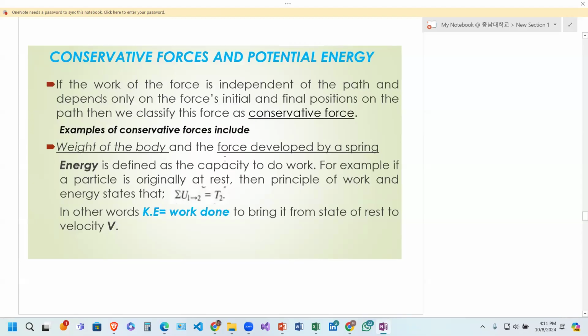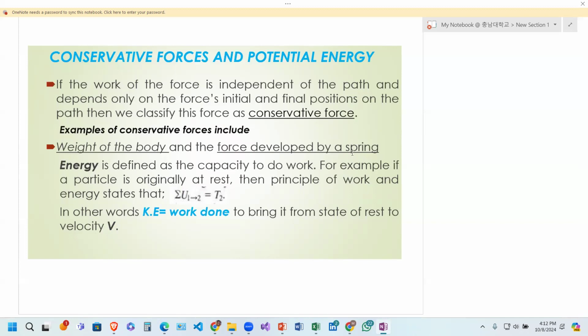Okay. So now let's look at examples of conservative forces. We have the weight of a body, right? Because it goes hand in hand with the gravitational force, and the force developed by a spring. Remember, the force developed by a spring, that force F is given by Ks, the constant of the spring times the distance that it moves.